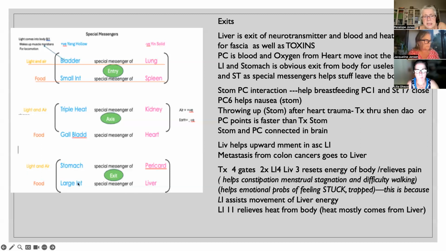The large intestine, because it's a special messenger, helps to relieve what's going on in the liver. It also relieves heat from the body, because heat mostly comes from the liver.